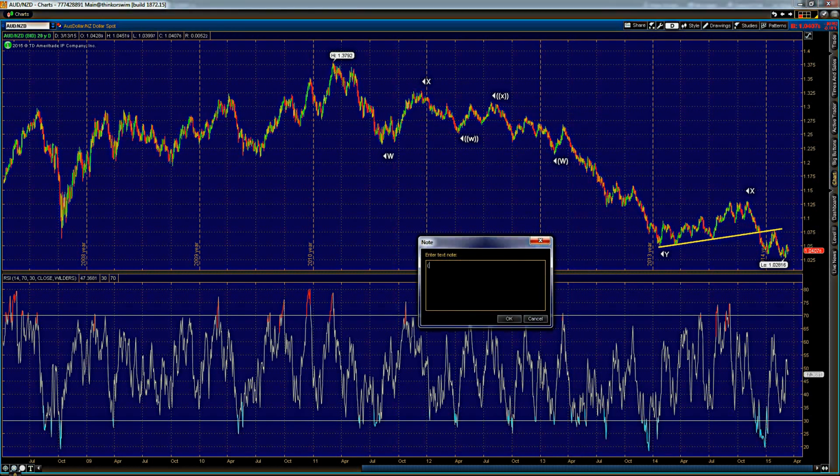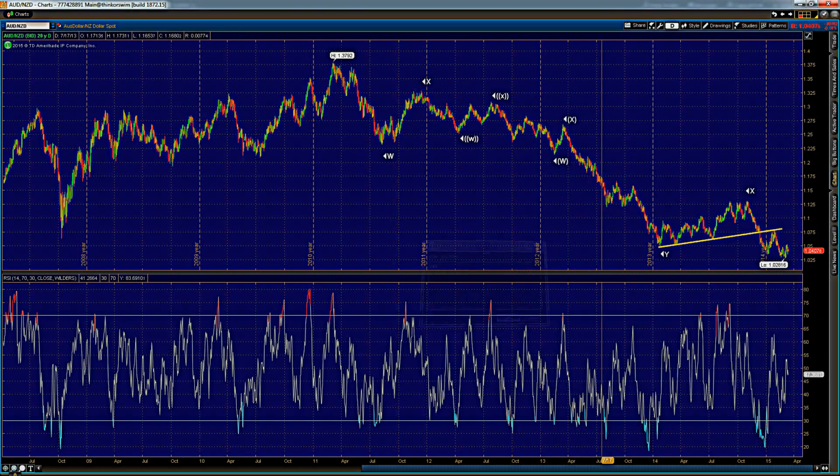Then we have single parentheses X, and then again down to single parentheses Y, WX. So this is all within this wave.